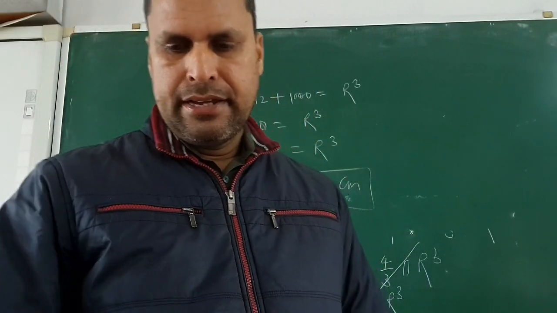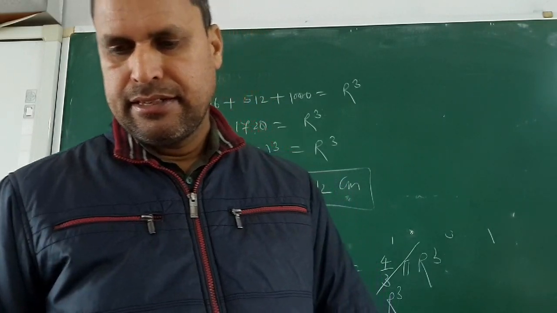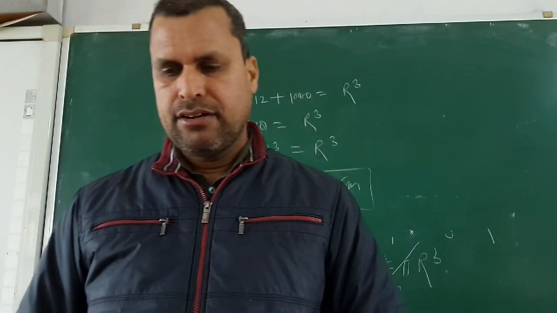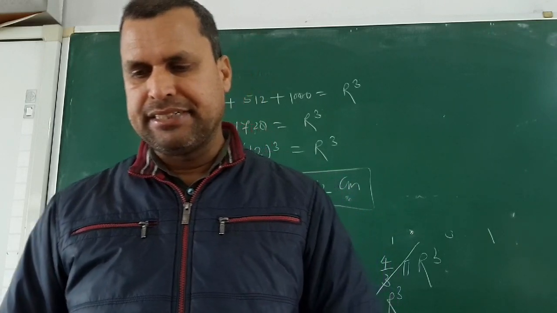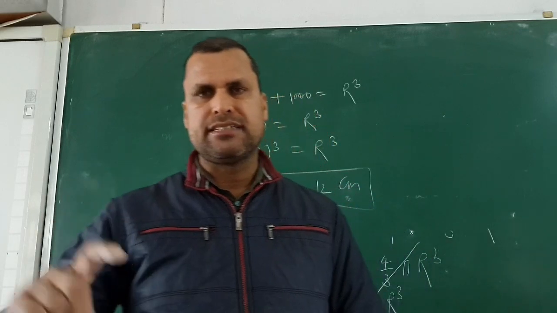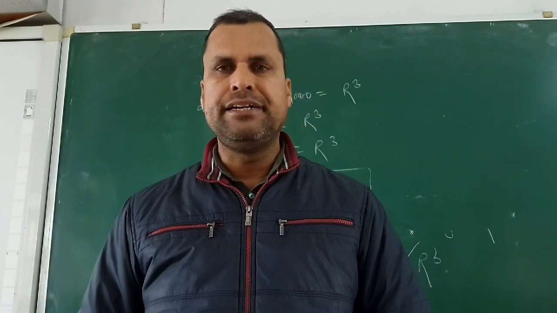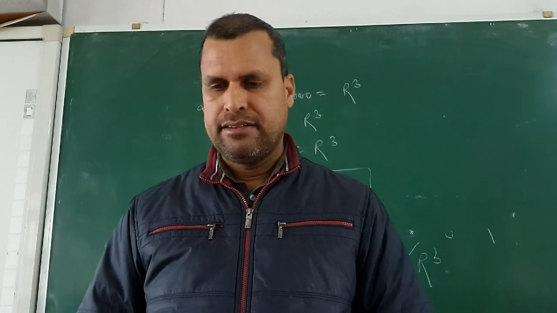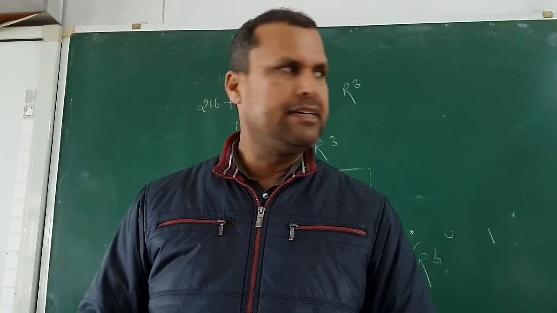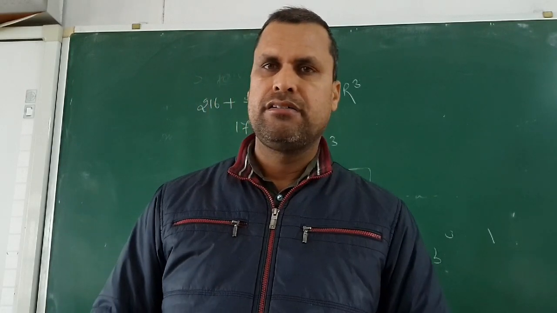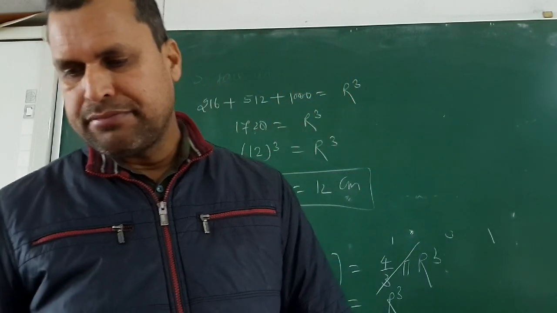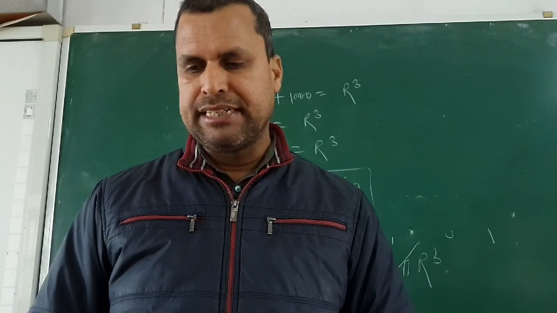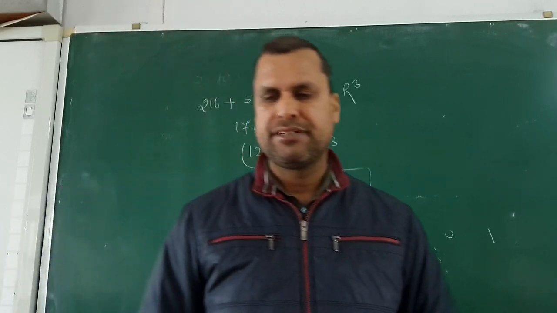Suppose a question is, question number 6: how many silver coins, 1.75 centimeter in diameter and thickness 2 mm, must be melted to form a cuboid of dimensions 5.5 centimeter, 10 centimeter and 3.5 centimeter? So the coin is the shape of a cylinder. Thickness is considered as the height, and the diameter is given, so with its help you can find the radius.